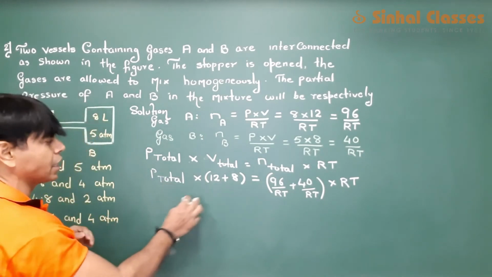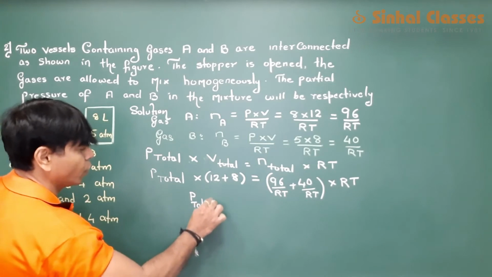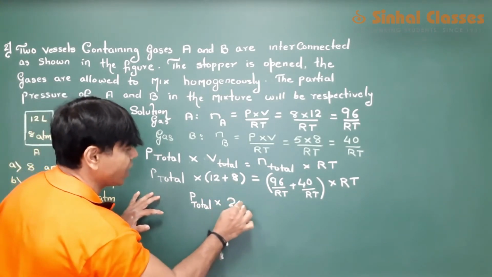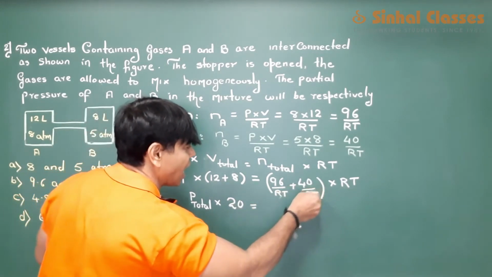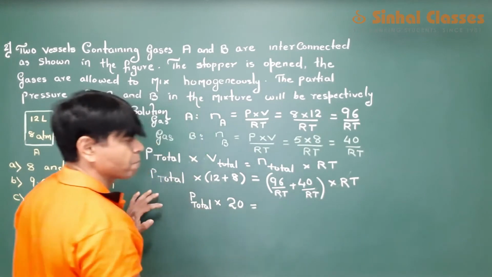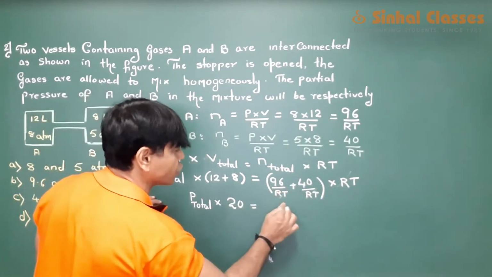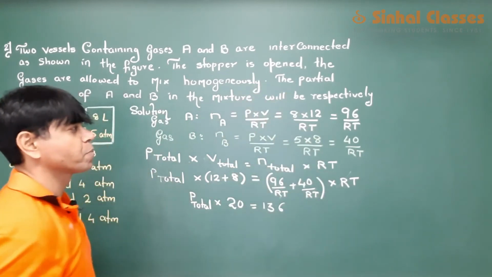Now when you solve this, the total pressure will be, this will be 20, and in this case RT gets cancelled. So 96 plus 40 will give you 136.